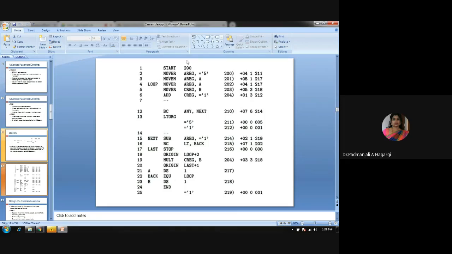As I said very long back, in pass 1, the program is given a translated address, which is generated by the assembler. So the program would start at this memory allocation, or the assembly program will start at this location.